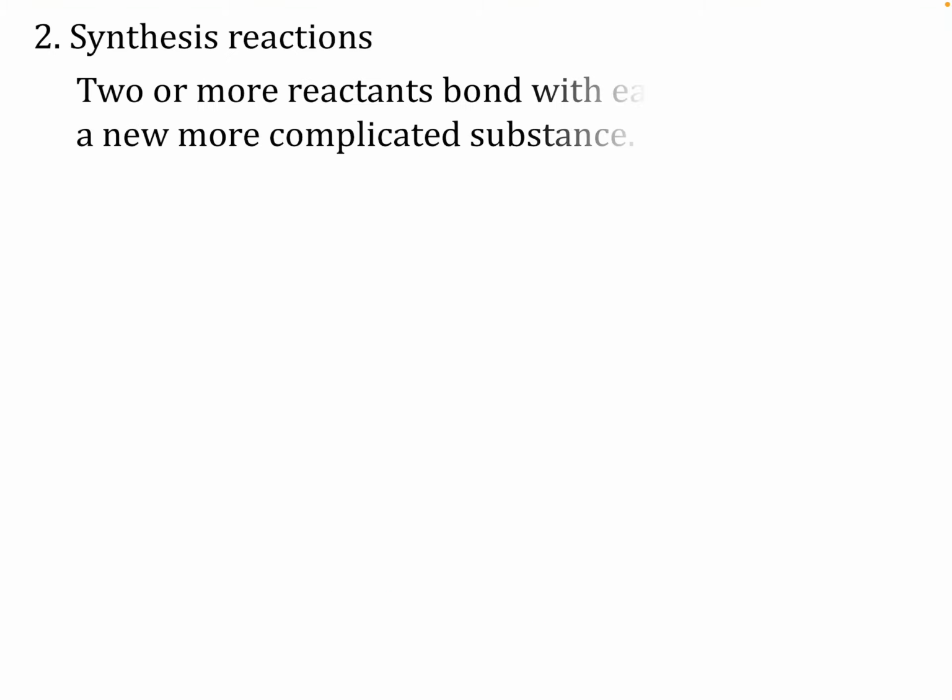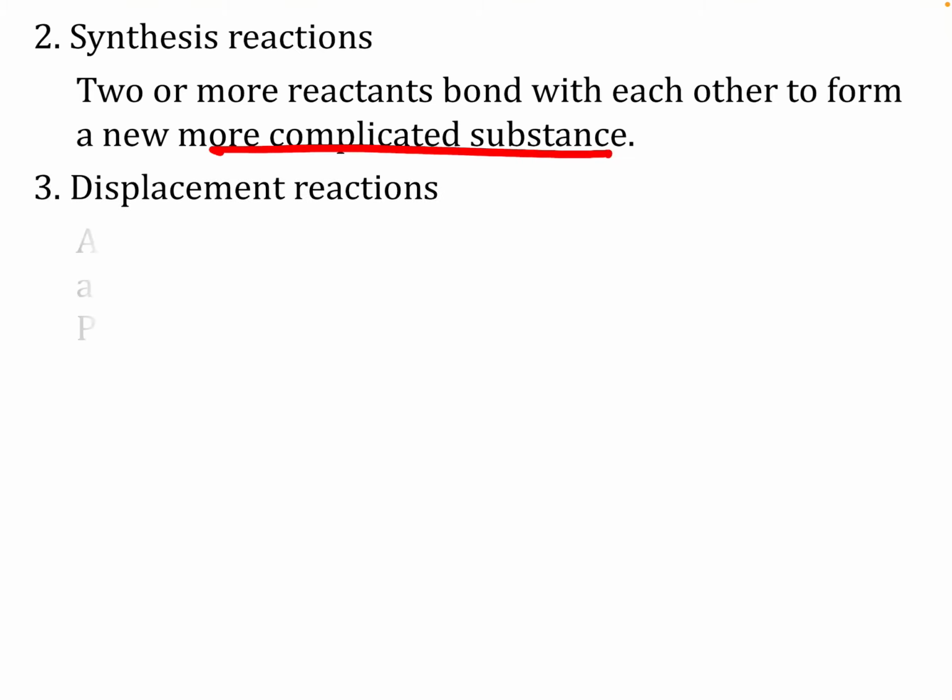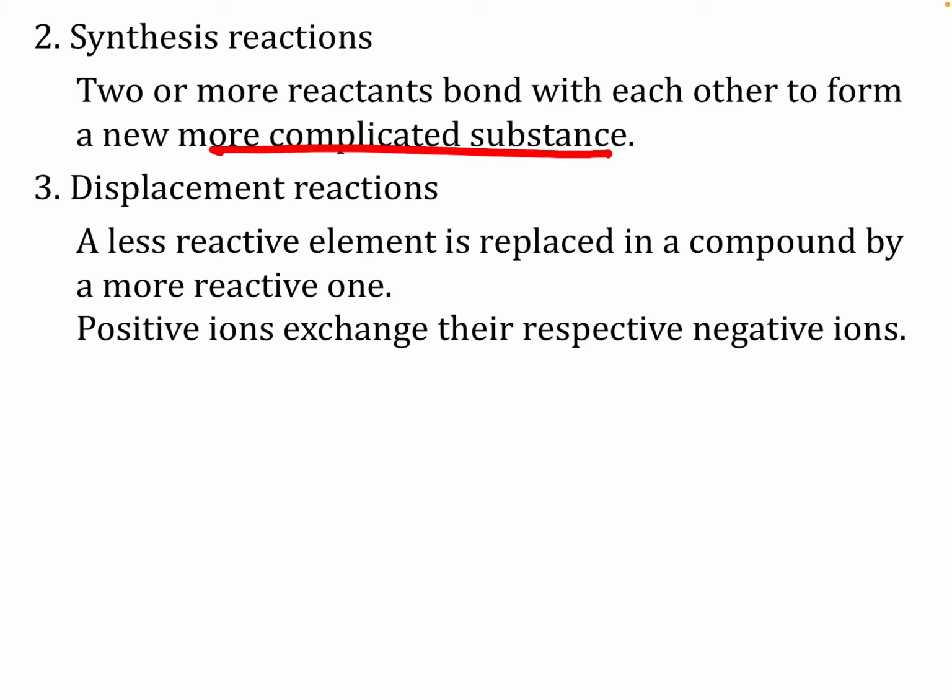Synthesis reactions are reactions when 2 or more reactants bond with each other to form a more complicated substance. You've seen lots of those. Displacement reactions is one where we have, like if I put a zinc plate in copper sulfate, the zinc will displace the copper, so the zinc kicks out the copper. So it's just where we have one ion, one substance replace another substance in the solution.